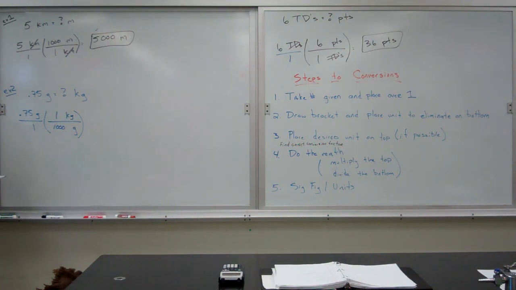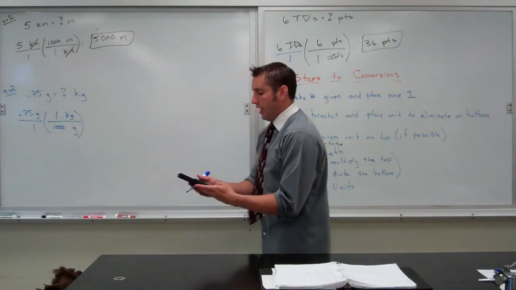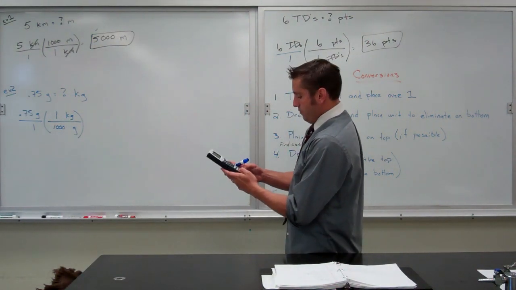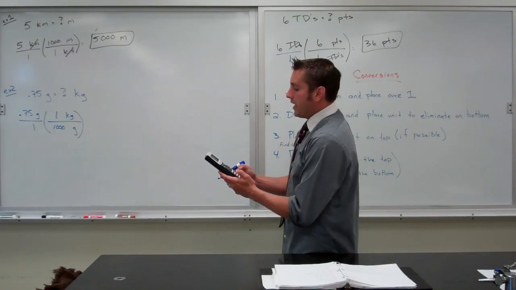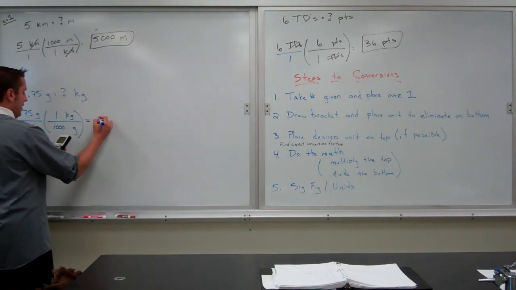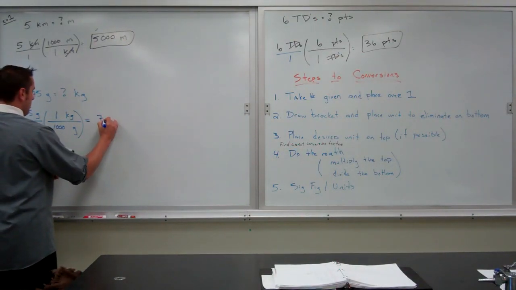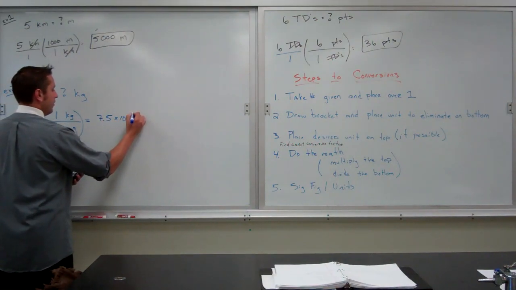Now I need to do the math. So here I'm going to take 0.75 times 1 divided by 1,000. If you get your calculator out, go ahead and do that so you can see what it looks like. 0.75 divided by 1,000. My calc says 7.5 times 10 to the negative 4th.